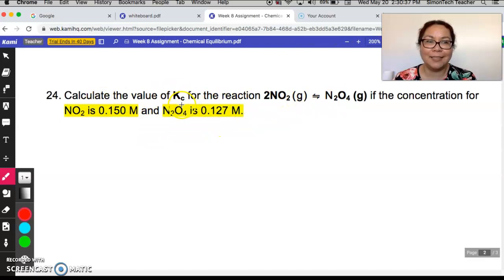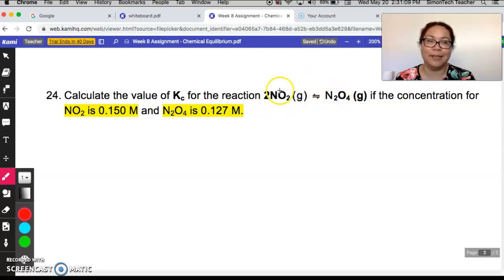Calculate the value of Kc, the chemical equilibrium constant, for the reaction with NO2, nitrogen dioxide gas. That looks like it can be put into the equation. And it's an equilibrium. Remember, that double arrow tells you it's an equilibrium. And what did I say about equilibrium? The same speed going in the forward reaction and the backward reaction, turning into products and turning into reactants at the same rates.